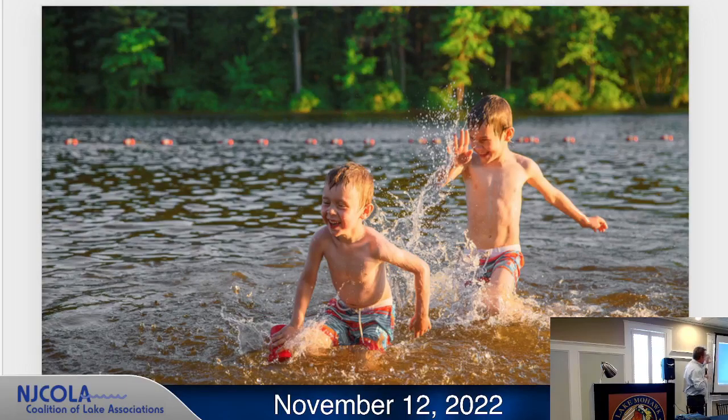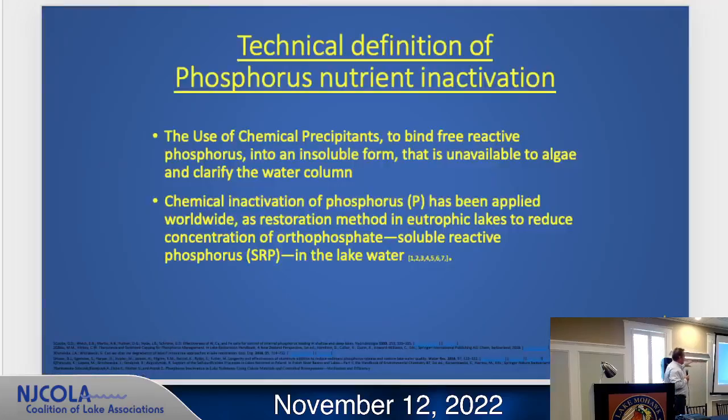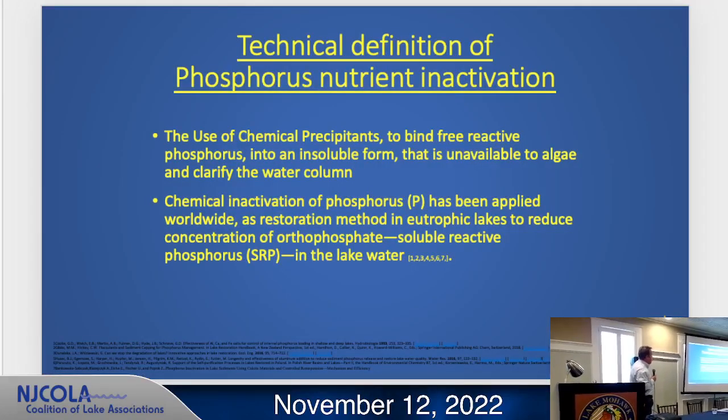This is just a technical term of what is a nutrient inactivation. Okay, it's the use of chemical precipitants to bind free reactive phosphorus into an insoluble form that's unavailable to algae. Basically, let me grab that phosphorus, stick to it, and not let the plant grab onto it. Okay.